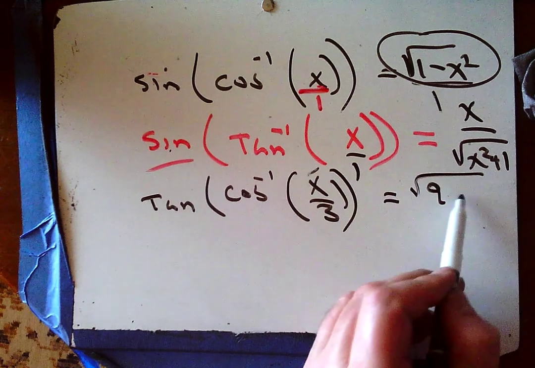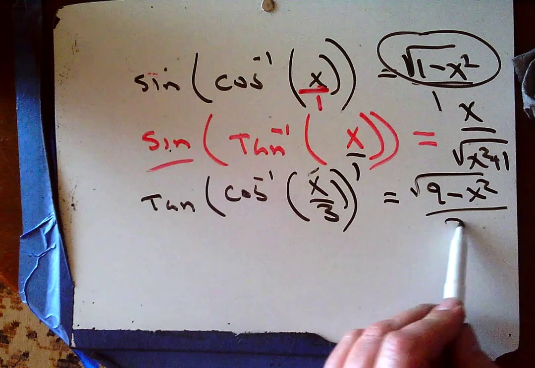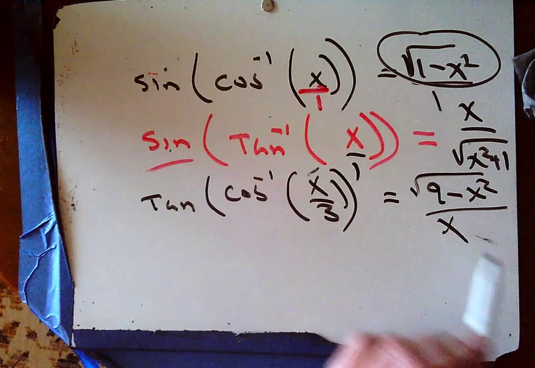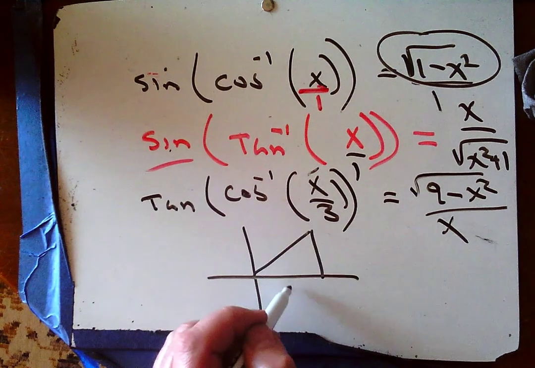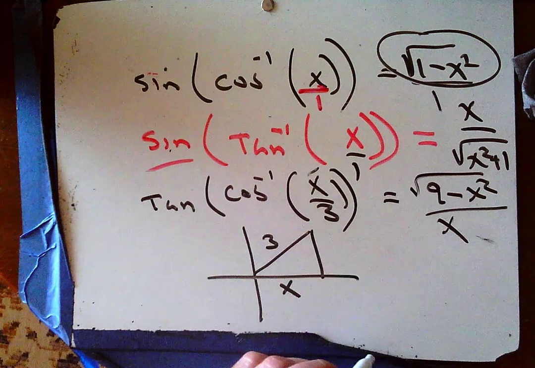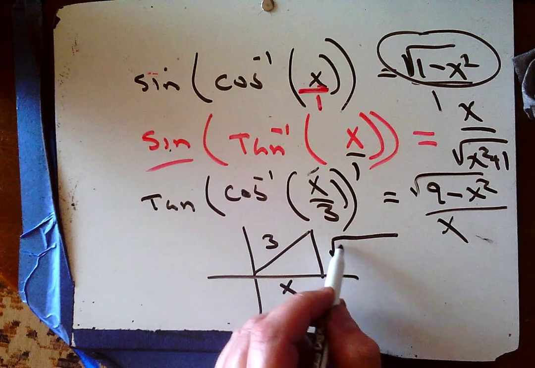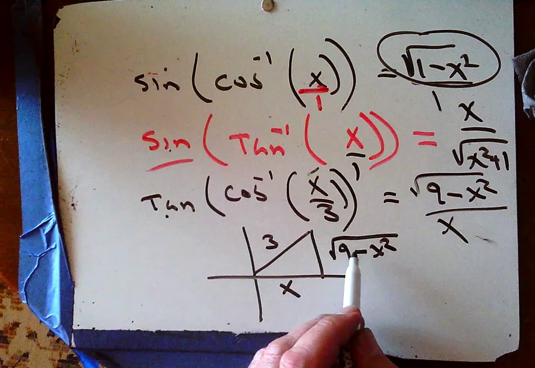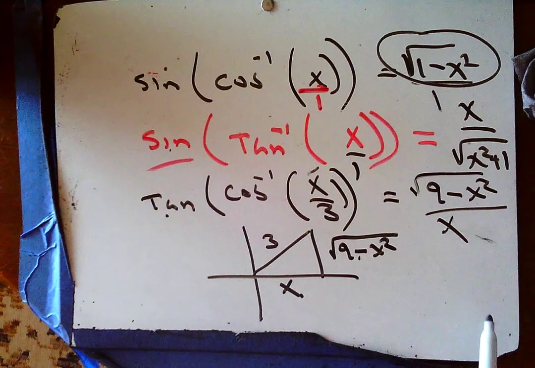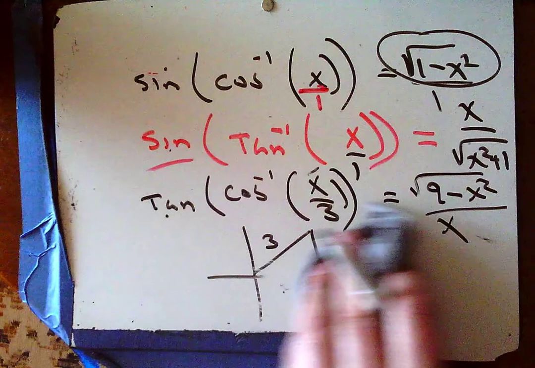Did you get the square root of 9 minus x squared over x? Let's just check and see. Cosine is adjacent over hypotenuse. This is square root of 9 minus x squared with the Pythagorean theorem. And tangent is opposite over adjacent. Okay? Last one.